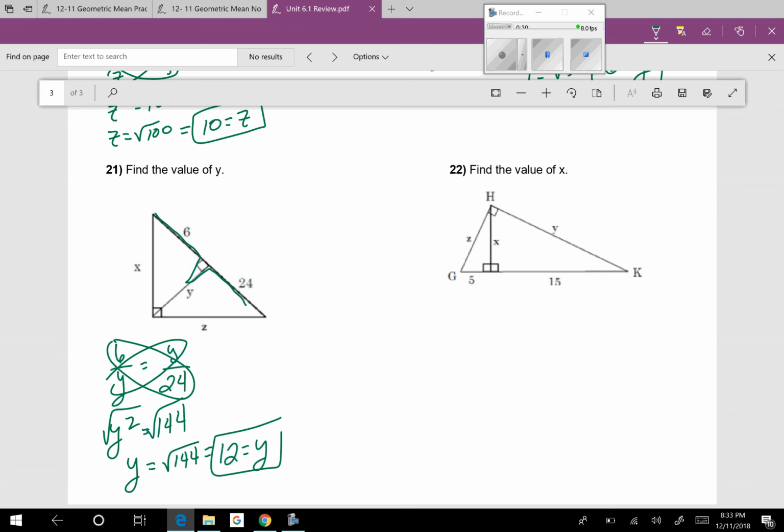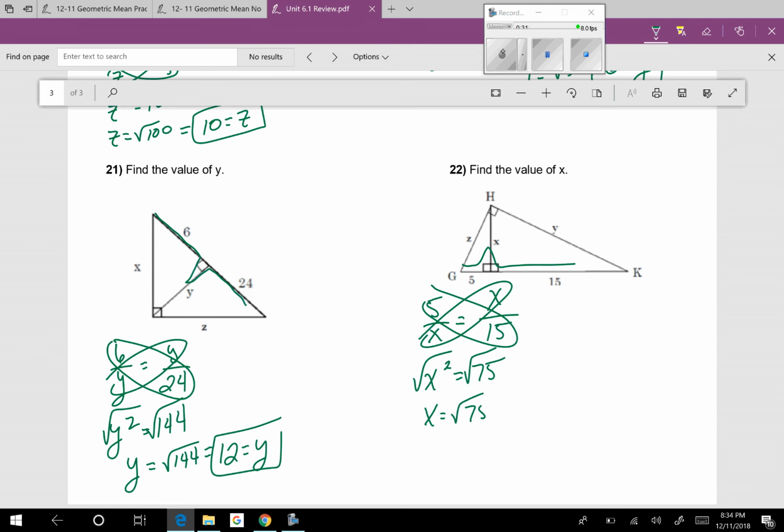All right, now number 22, we need to find x. So again, this is the altitude, so we're going to use the heartbeat rule. So we have 5 over x is equal to x over 15. So do your cross multiplies. So x squared is equal to 75. So square root. So x is the square root of 75.